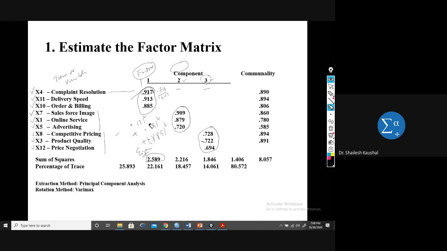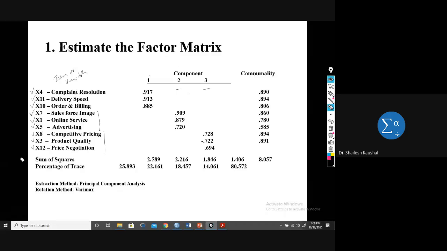For explaining purposes, I have taken only the three factor loading values under factor 1, but when we apply exploratory factor analysis, for each factor we will get all the values.